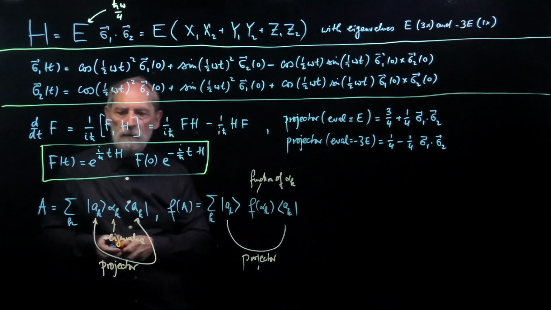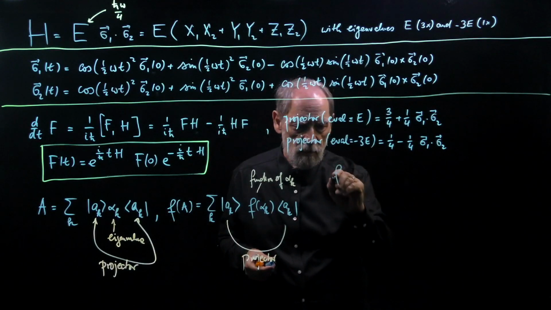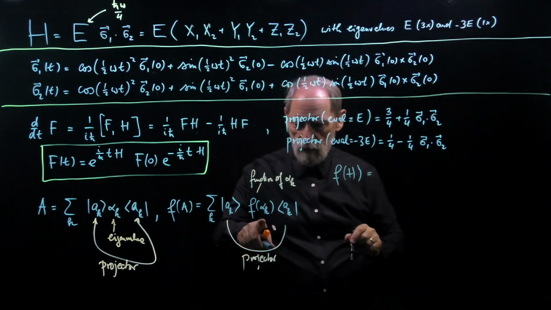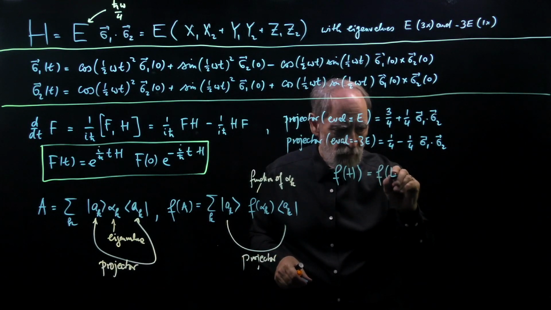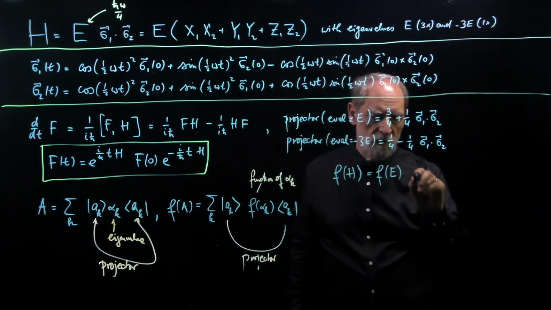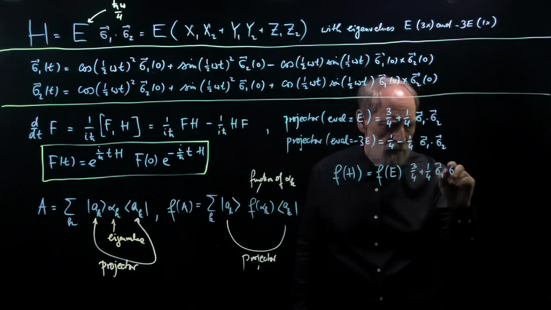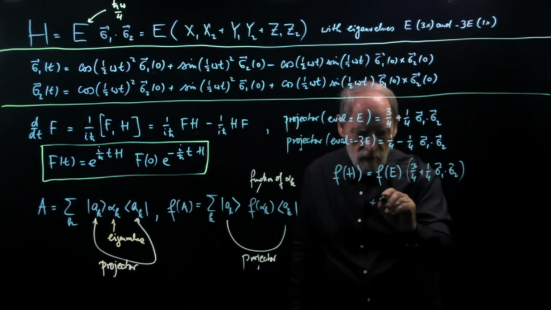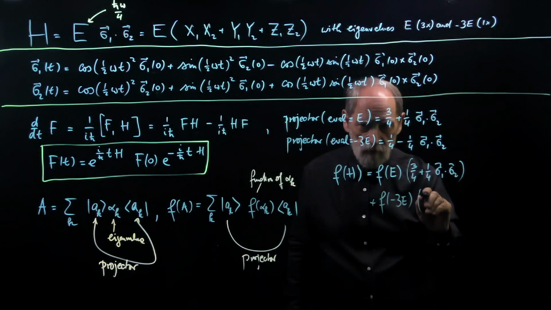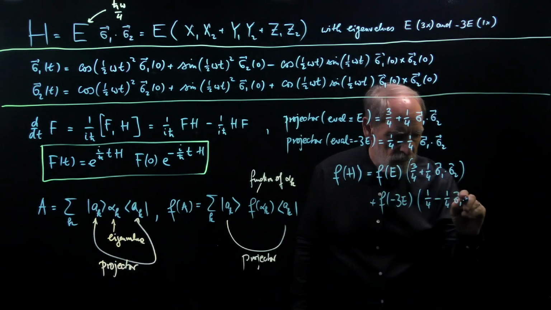And the same now works for h. So if I have a function of h, then this is equal to the function evaluated for the eigenvalue times the projector for this eigenvalue, which is 3/4 plus 1/4 sigma 1 dot sigma 2, plus the function for the other eigenvalue, which is minus 3e, and then the projector for that, which is 1/4 minus 1/4 sigma 1 dot sigma 2.